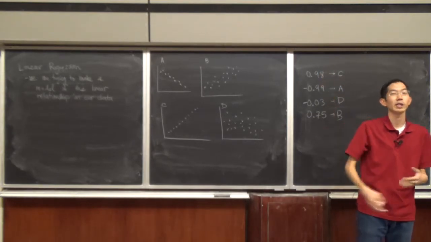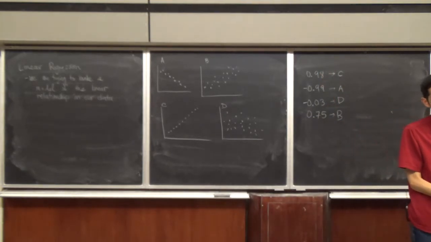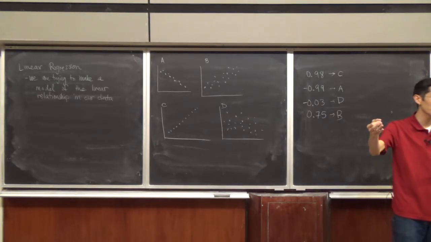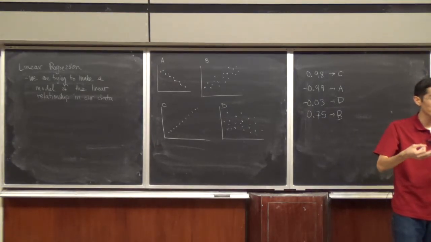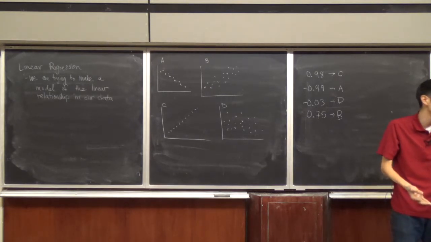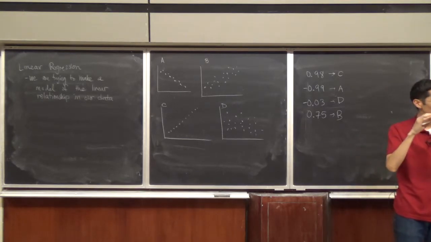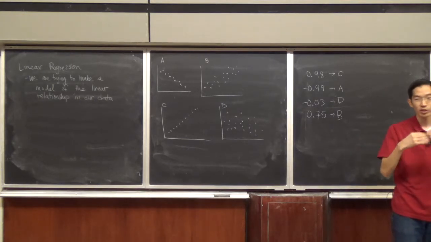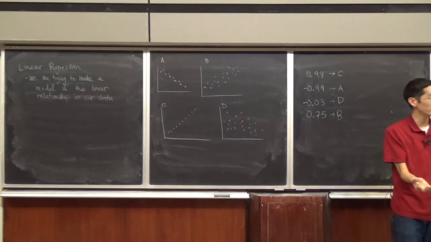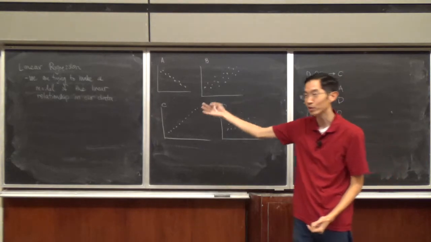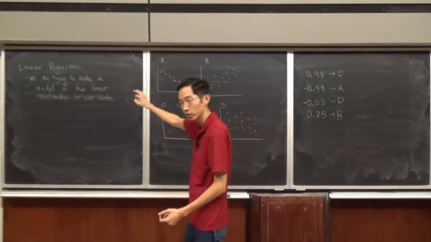Now we would further expand that and say if you drove an extra 30 miles, we expect the amount of gas in your tank to be 1 gallon less. So we're assigning numbers to describe this relationship in more detail. How do we come up with those numbers? That's what linear regression is all about.